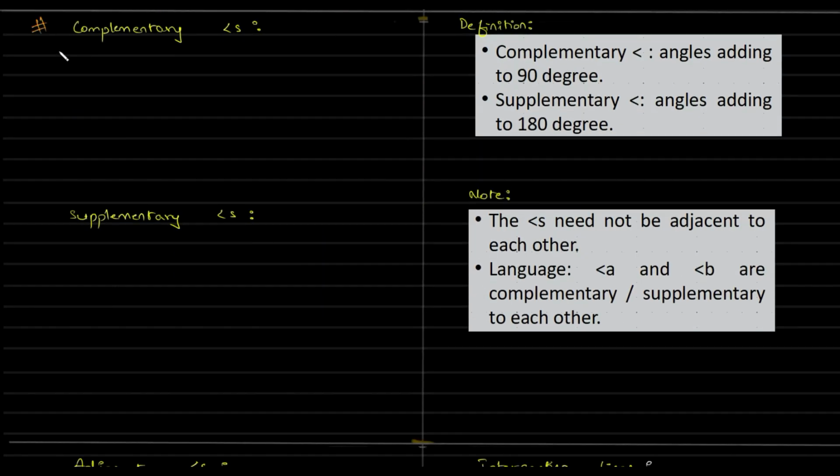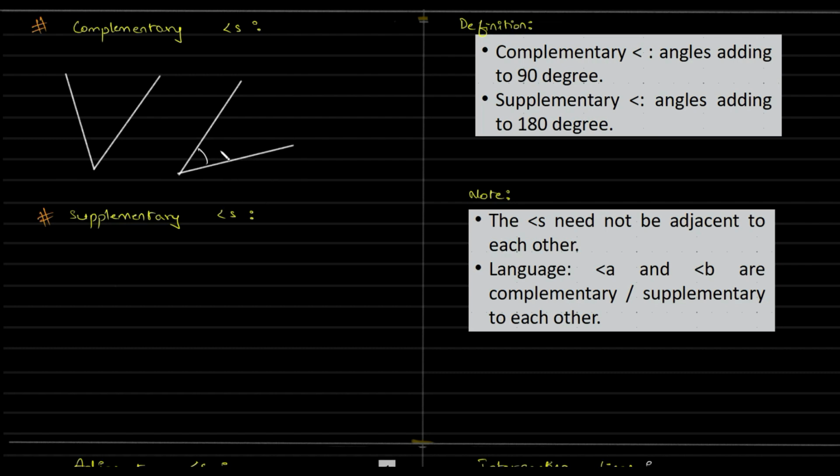Next thing which you guys again keep forgetting, and it's not used very often, but again in tricky questions you need to know this. So complementary angles. I have an angle and I have one more angle. Something like this.